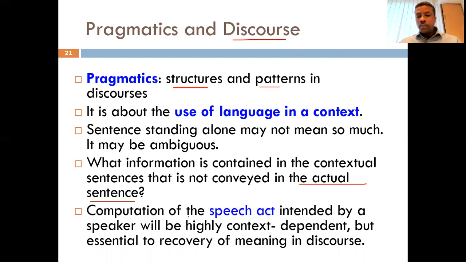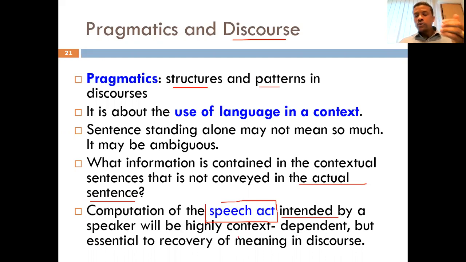So the computation of the speech act, the speech act intended by the speaker. You see, we are concerned about the intention of the speaker, not the mere definition of the words that we have. It will be highly context dependent. We call it highly context dependent because the context is defined by the words that are used previously, the words that are used in the previous sentence, or even beyond that.